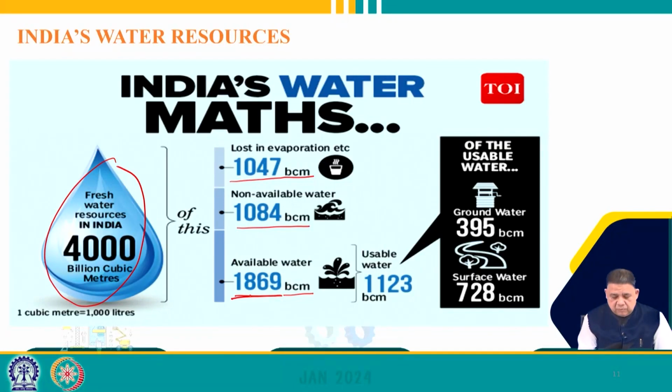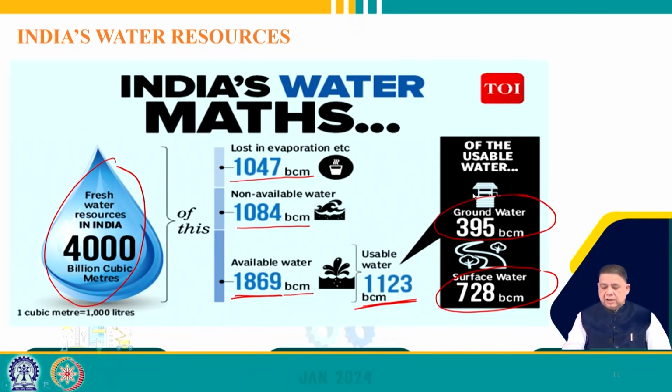As far as the available water of 1,869 billion cubic meters is concerned, only 1,123 billion cubic meters is usable water, and if we still break down this usable water, around 728 billion cubic meters comes from surface water sources and 395 billion cubic meters comes from groundwater sources.